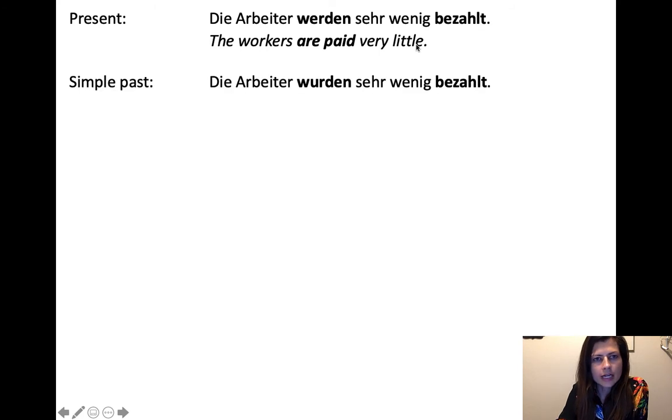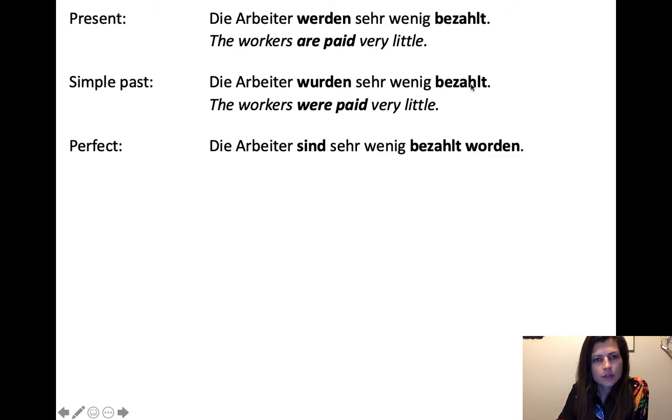And then we have die Arbeiter wurden sehr wenig bezahlt. Now we've changed werden into its simple past, which makes the whole thing simple past. Simple past plus past participle. Now let's try the perfect. This is the weirdest one, right? Die Arbeiter sind sehr wenig bezahlt worden, which you could translate the same, the workers were paid very little.